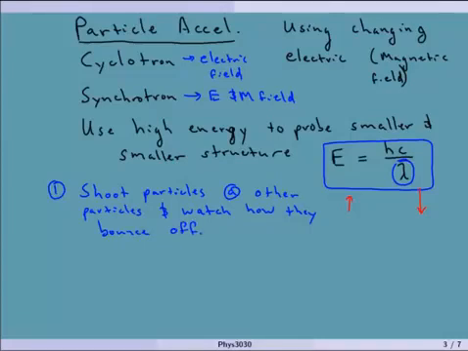This gives us some kind of scattering idea. You have some particle, and some other particle goes off of it and gets shot off, and some of them scatter that way, some of them bounce back. You put a detector around these, and the different angles that you can measure tell you about what's going on at this really, really small scale. That's one way in which we do this.